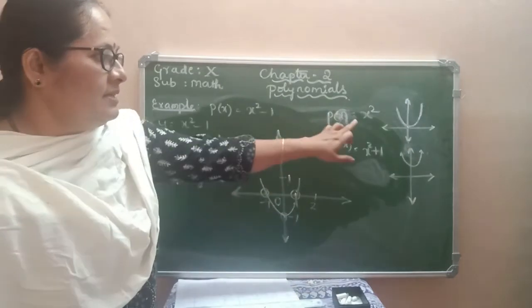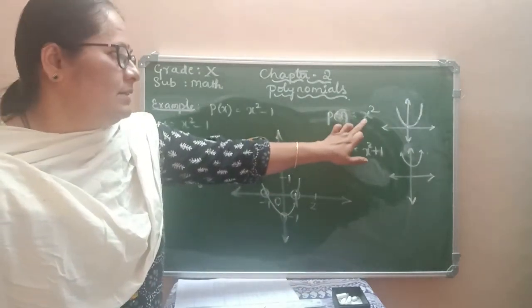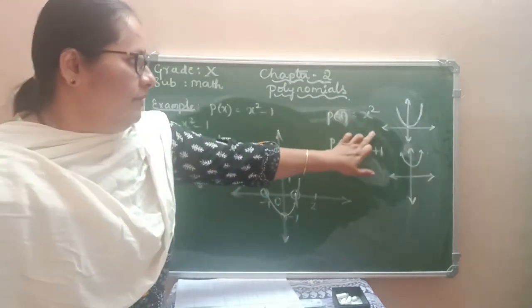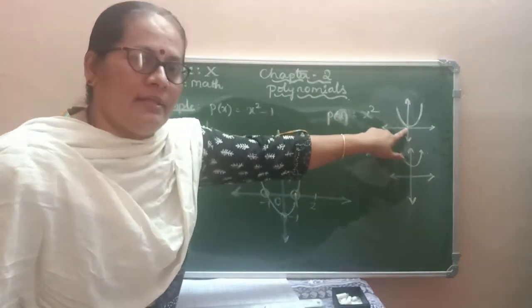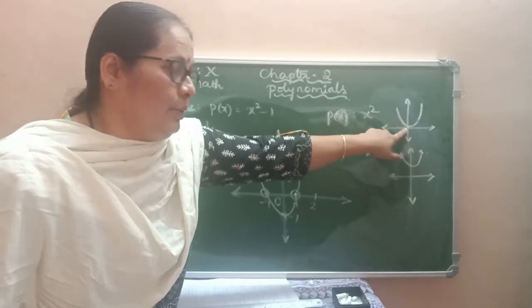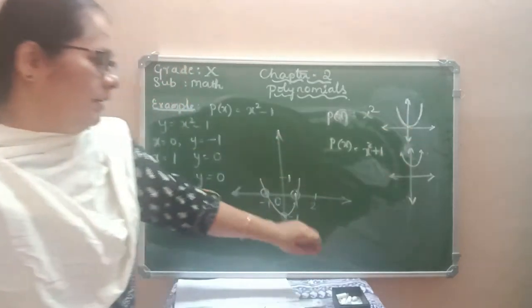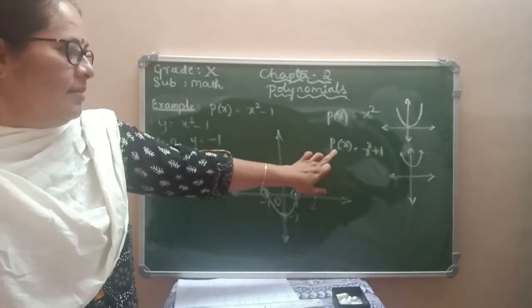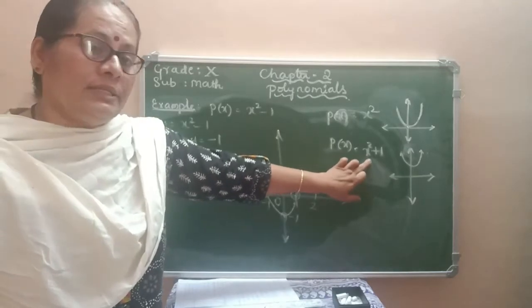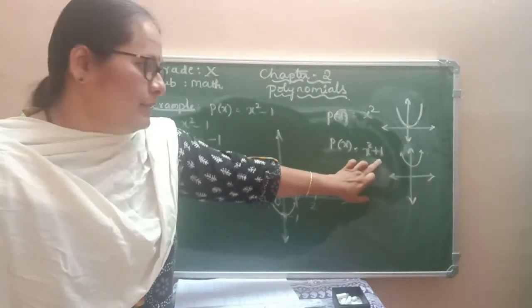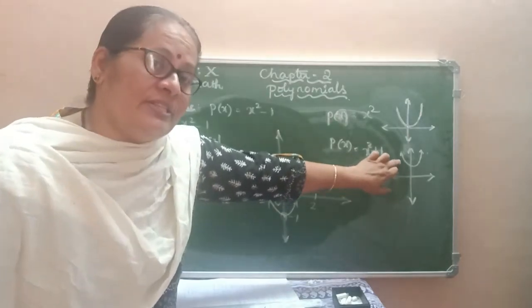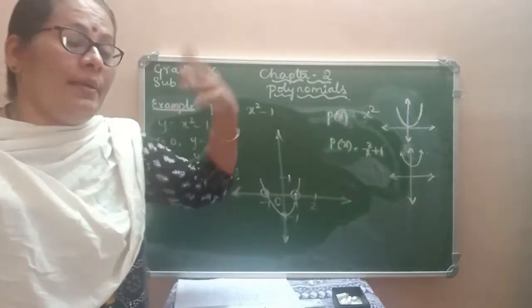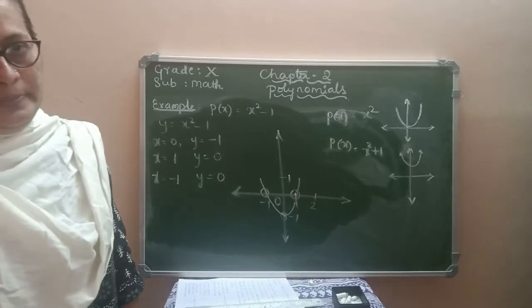Here in the first example, P of x equals x square, the curve just touches the x-axis at this point, that is 0, 0. Then, in the second example, P of x equals x square plus 1, the graph does not touch the x-axis, which is above the x-axis.